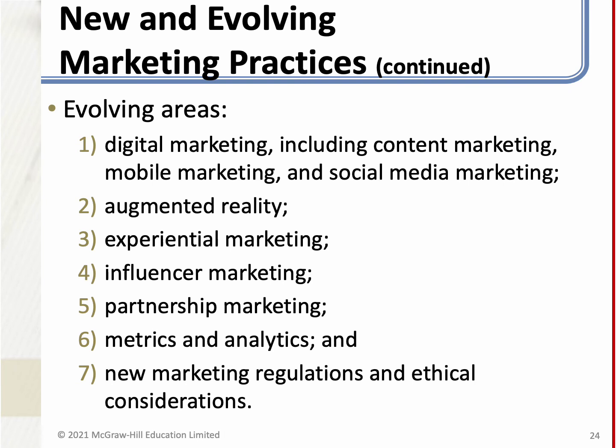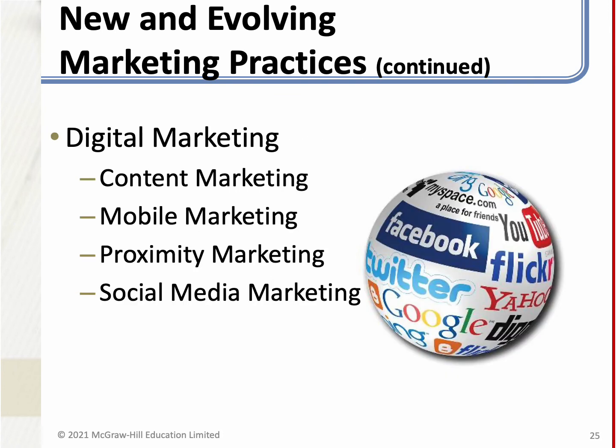In 2019, over 33 million people had mobile devices in Canada, and they spend over 157 minutes per day online, logging an average of 25 hours per month watching online videos, which has led to the evolving areas of the 7 points that are on this slide: digital marketing, augmented reality, experiential marketing, influencer, partnership, metrics and analytics, and also new marketing regulations and ethical considerations out there. So I will break them down on the following slides.